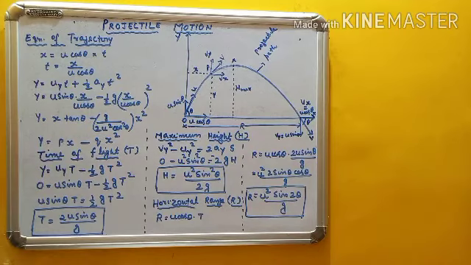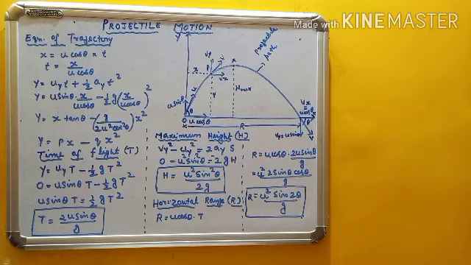No problem. Now let us first derive the equation for the trajectory, the path. We have to consider the horizontal motion and vertical motion separately. Considering the motion along the horizontal, there is no acceleration. We know that s is equal to ut plus half a t square.